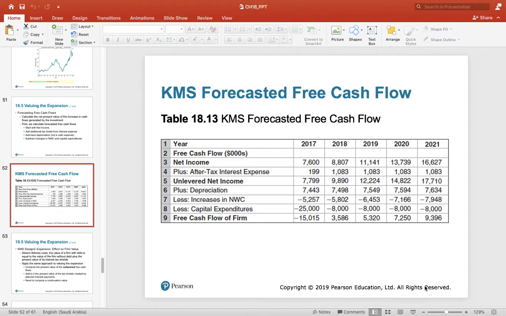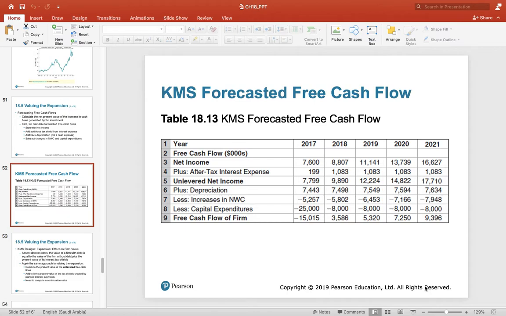So net income added with after tax interest expenses will give you the unlevered net income. When you are taking capital budgeting, you should always take the unlevered income. Unlevered income means the income which is not adjusted by interest. That means the net income added with whatever was deducted there.